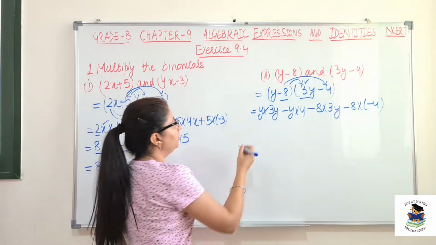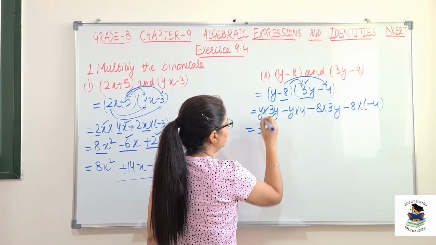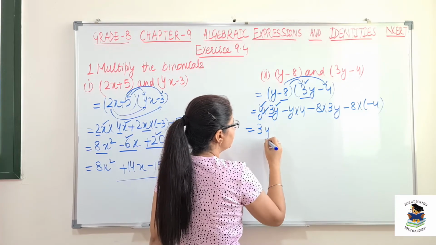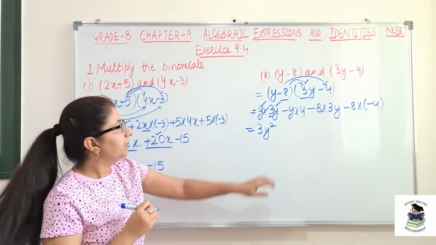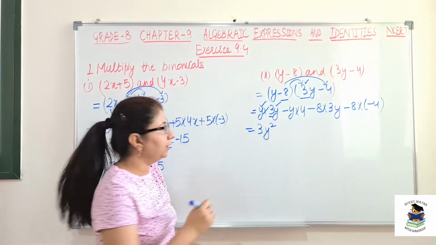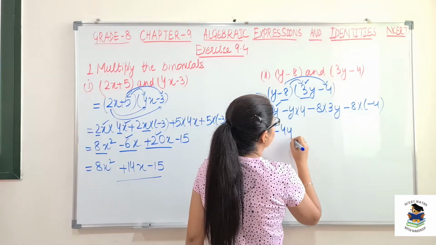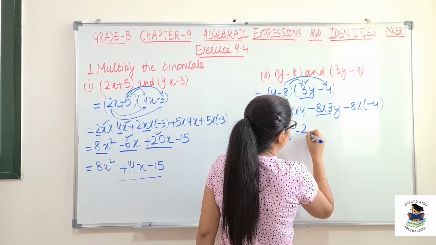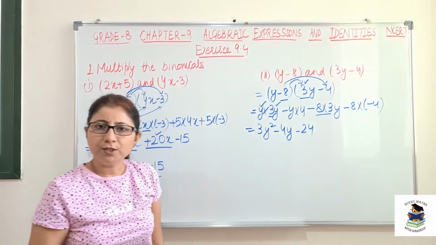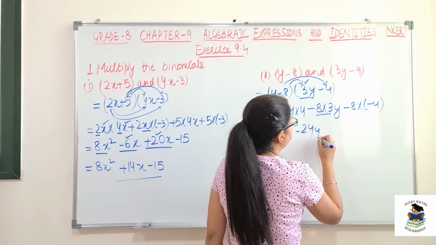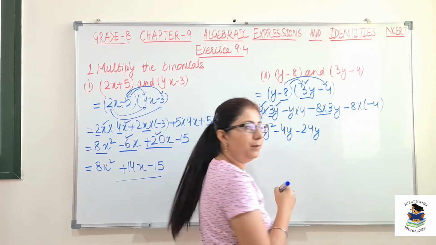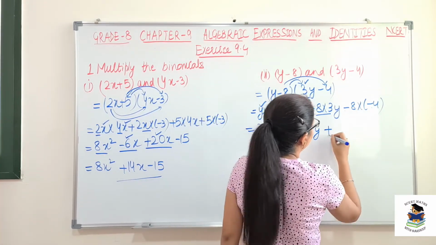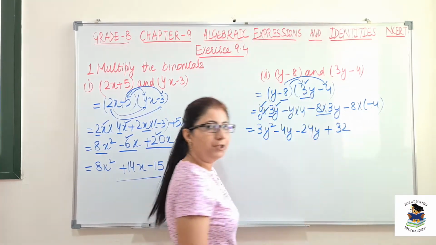So now we will solve it. 3 and y into y is 3y square. Here we have y into minus 4, that is minus 4y. Again numbers should be multiplied first, that is 8 into 3 as 24y, with minus 8 times 3y giving minus 24y. And this minus minus will become plus, and 8 into 4 as 32.